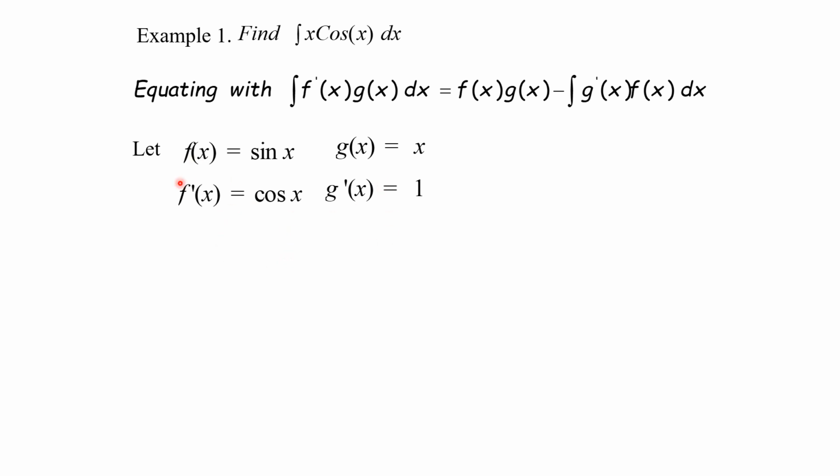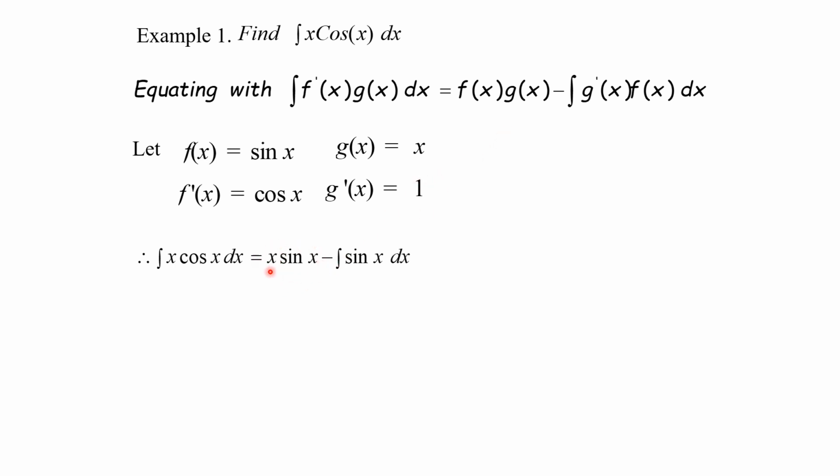Once we identify our f(x), f'(x), g(x), and g'(x) from the question, we move on to substitute them into the right hand side of the equation. The integration of x cos x is the left hand side, which is the question. On the right hand side, we substitute f(x), which is sin x, multiplied by g(x), which is x.